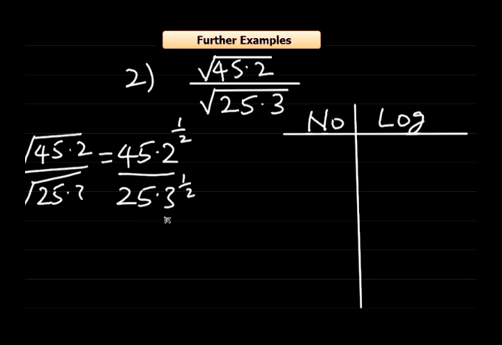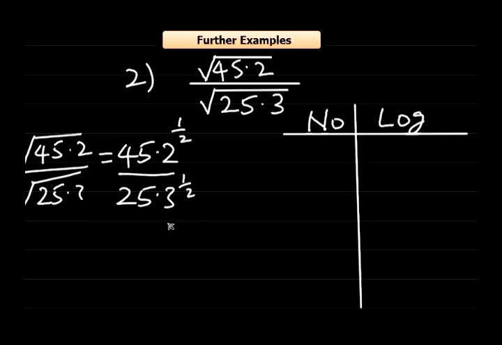That's it. So you are checking the log of this, you multiply it by half, checking the log of this, multiply it by half, then the result from here, we subtract from the result of what we're going to have on the top here. At the top here, we subtract before we check the antilog.